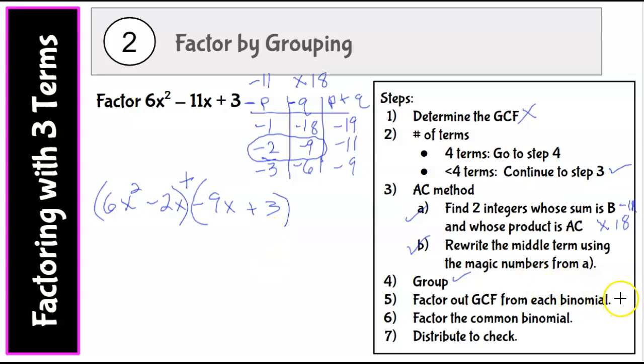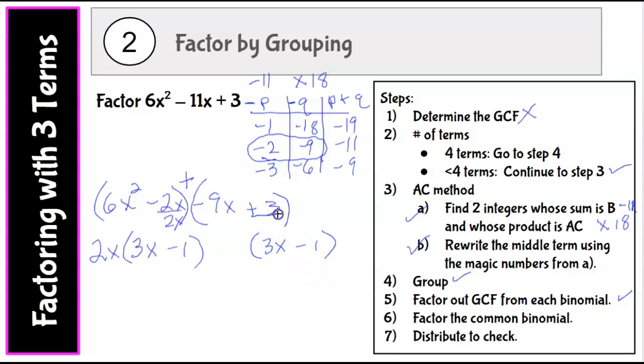Now I'm going to factor out the GCF from each binomial. So these two have a 2x in common, leaving me with 3x. And then remember, if I divide by 2x, that's going to be a 1. Now I'm thinking ahead, and I want this one to be 3x minus 1 so that it matches that one.